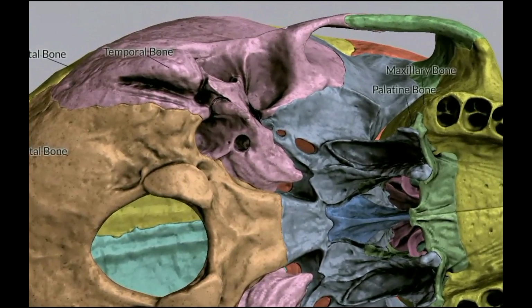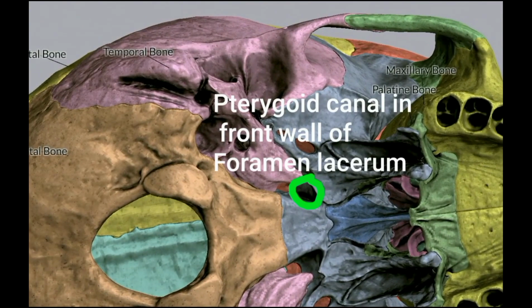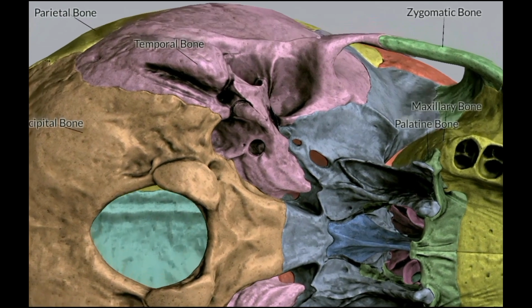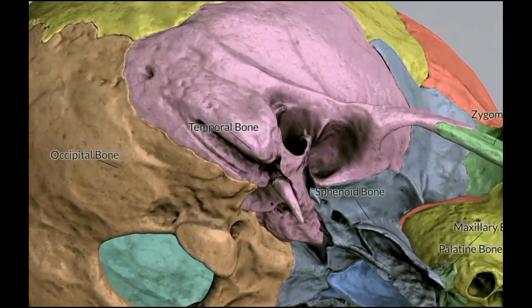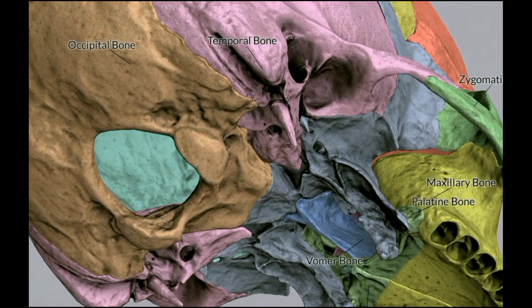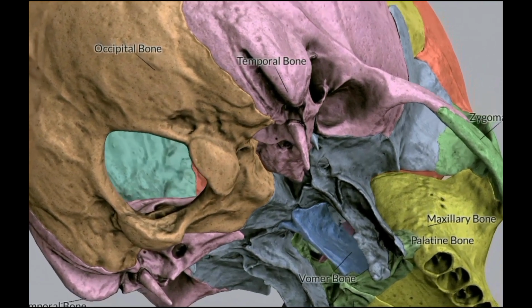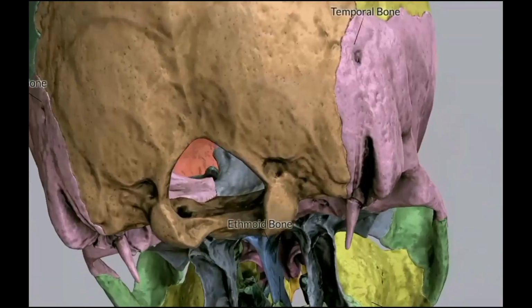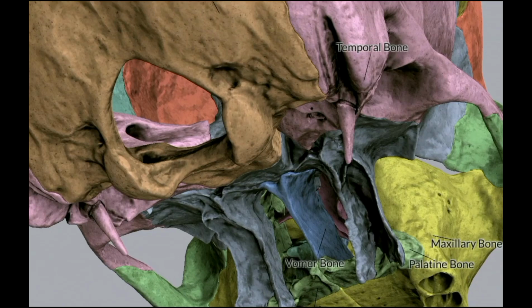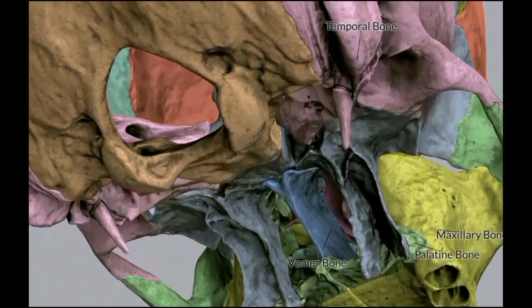As you go behind this scaphoid fossa, you will see the pterygoid canal in the anterior wall of the foramen lacerum. Foramen lacerum is also called the lazy foramen. It does not transmit anything, but it has two communications. The anterior wall has a communication with the pterygoid canal, whereas the posterior wall of the foramen lacerum has communication with the carotid canal, and it transmits the internal carotid artery covered by a sympathetic plexus of nerves horizontally.